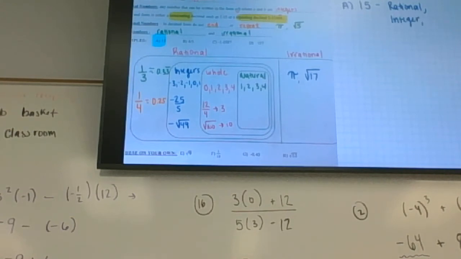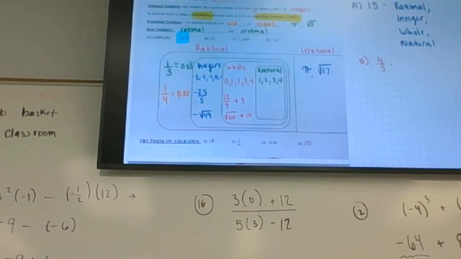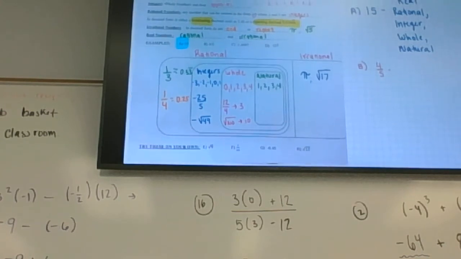So I guess it's rational. We just write the letter in the box that could be in the graph. Yeah, you can use an abbreviation.